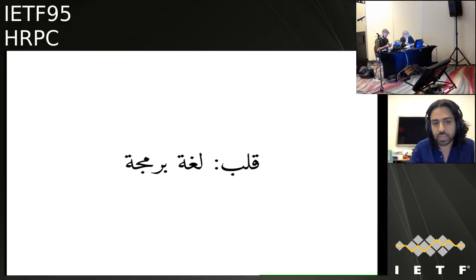Gulb is how they might say it in the Gulf. And it's an acronym, it's a recursive acronym, which is a very nerdy in-joke among programmers. But it basically translates to, the word means heart or core. And the full name is Elb Lughat Barmajeh, and that translates to heart, a programming language.